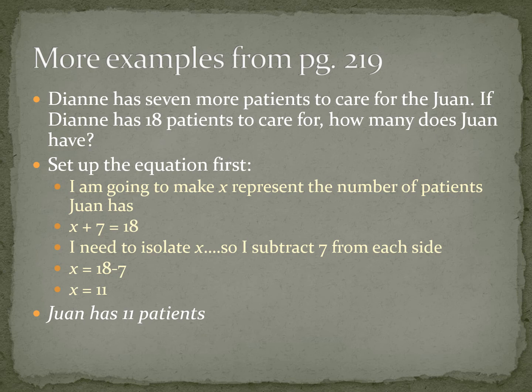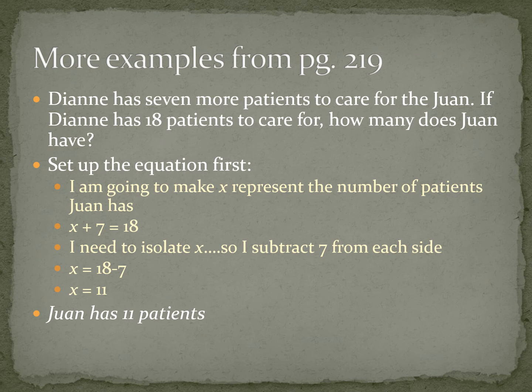So the first thing I'm going to do is set up the equation. I'm going to represent the number of patients that Juan has with X. It says that Diane has 7 more than Juan, so I'm going to say X plus 7 equals 18, because Diane has 18 patients.